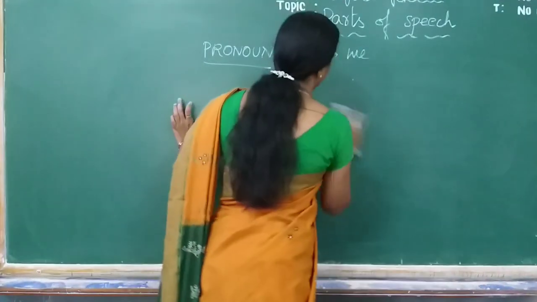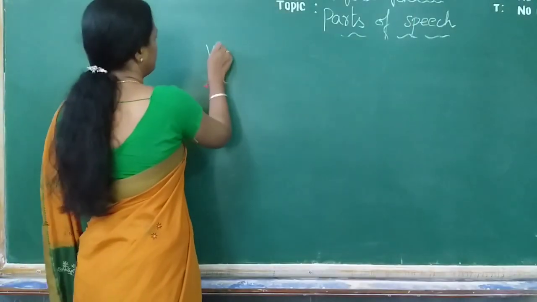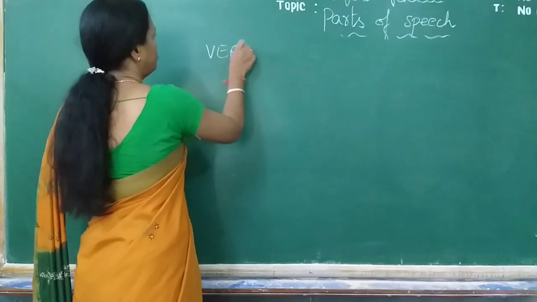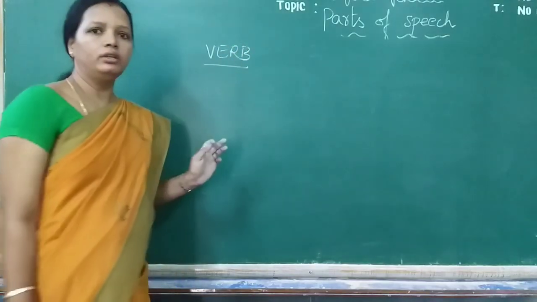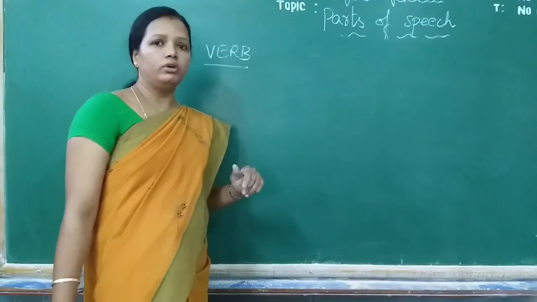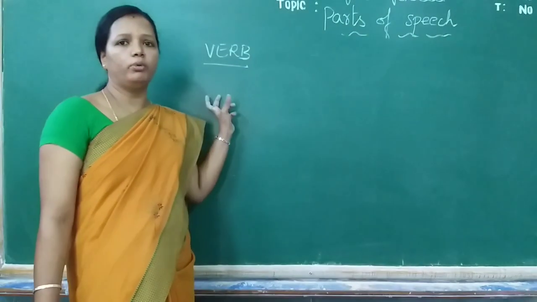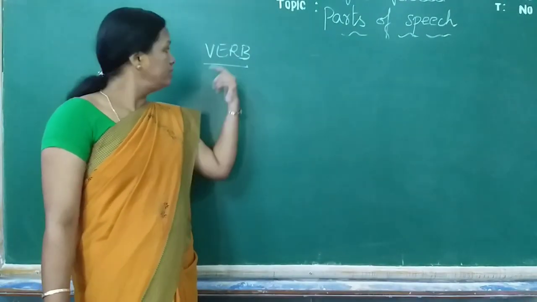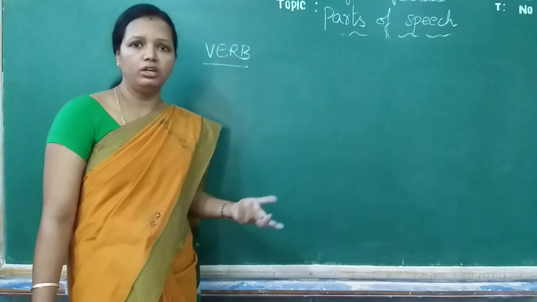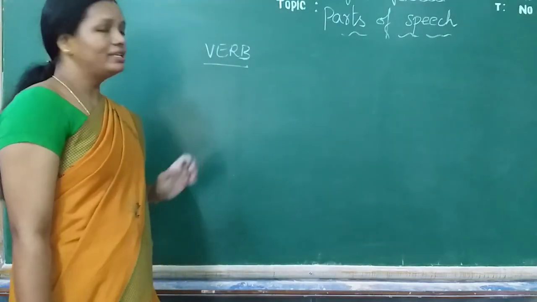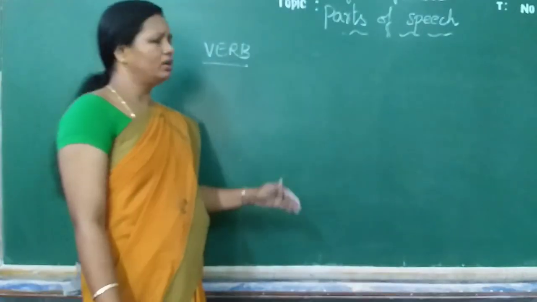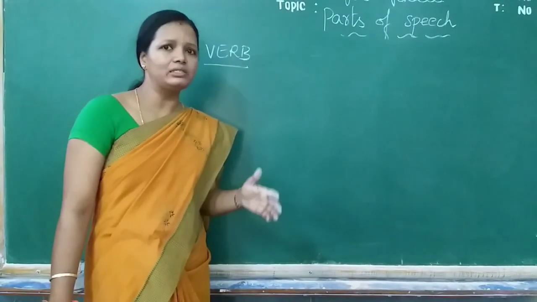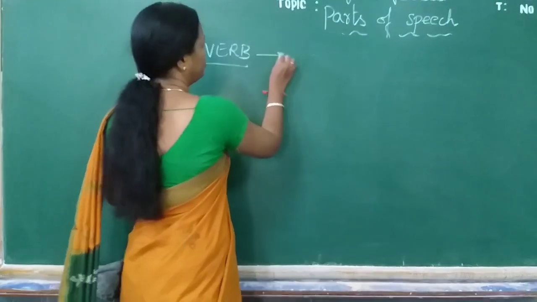Next part of speech is verb. So verb plays a very important role in grammar. We should be very careful about identifying the verb and the things we have to learn about the verb. We have learned from our lower classes that verb is an action word.